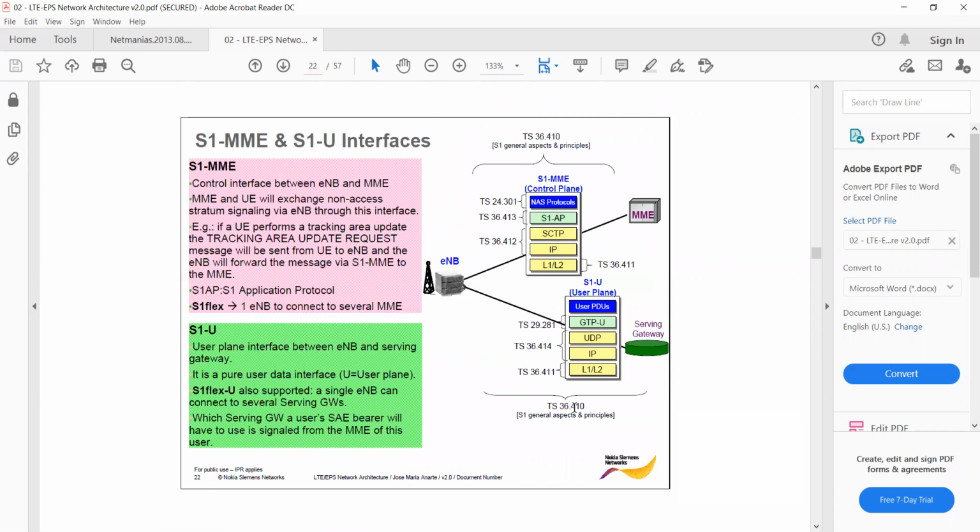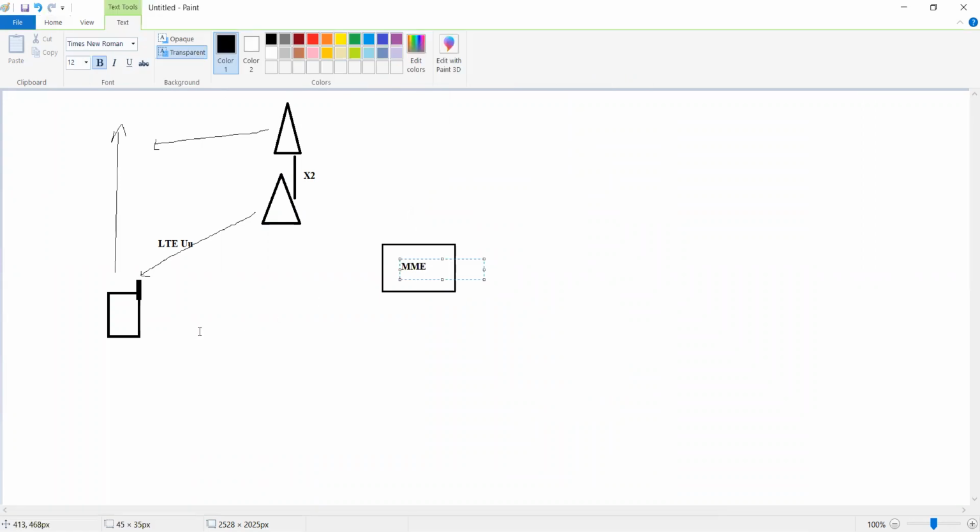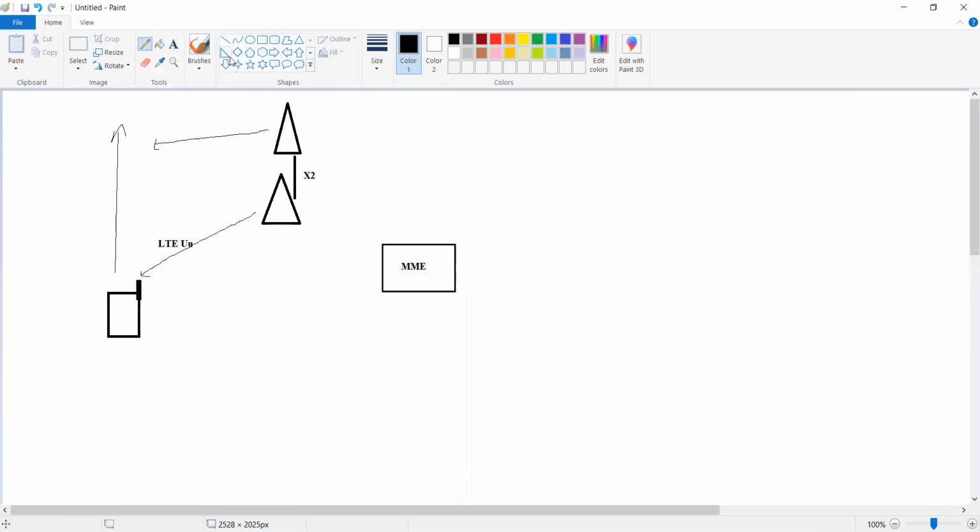Next we come to S1-MME. S1-MME is the interface between eNode B and MME. So this is our UE, and those two eNode Bs are connected with the X2 interface. Suppose somewhere here my MME is there. This eNode B will be connected with this MME.